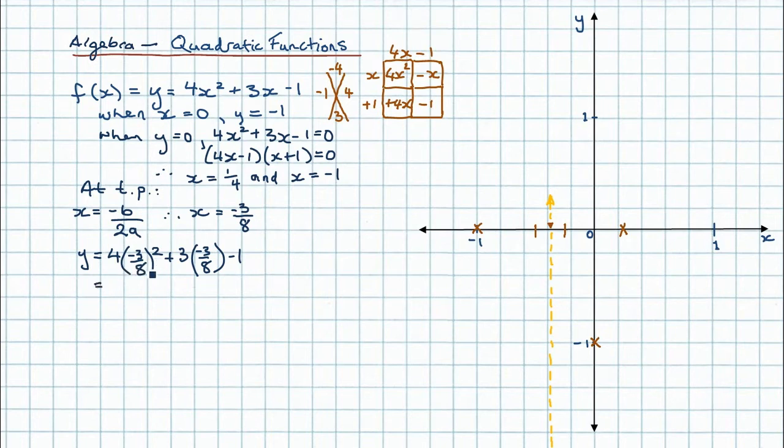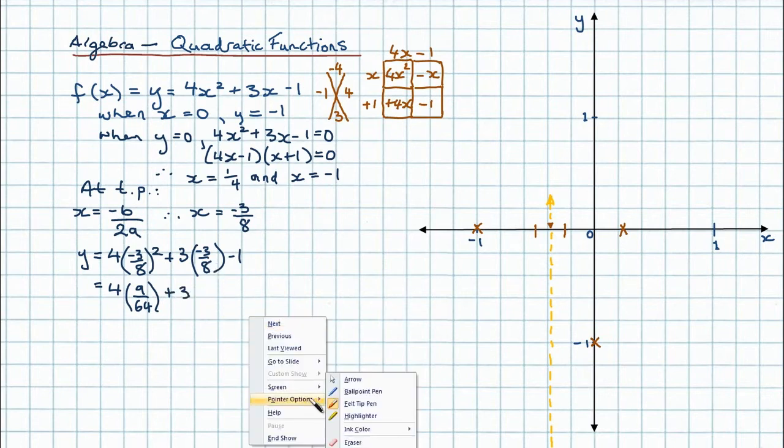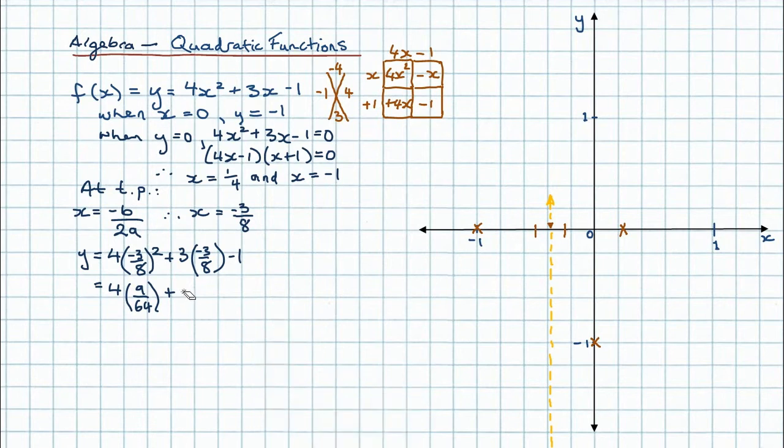So 4 times, now that's minus 3/8 needs to square to start with, so we're going to go 4 times, well, minus 3 times minus 3 is 9, and 8 times 8 is 64. Okay, plus 3 times minus 3, whoops, let's just erase that.